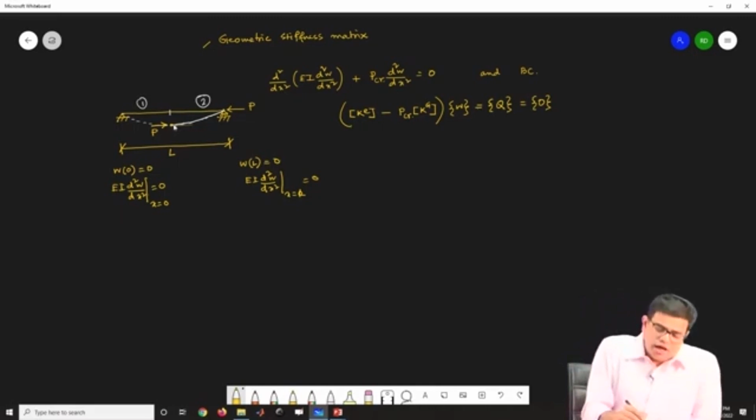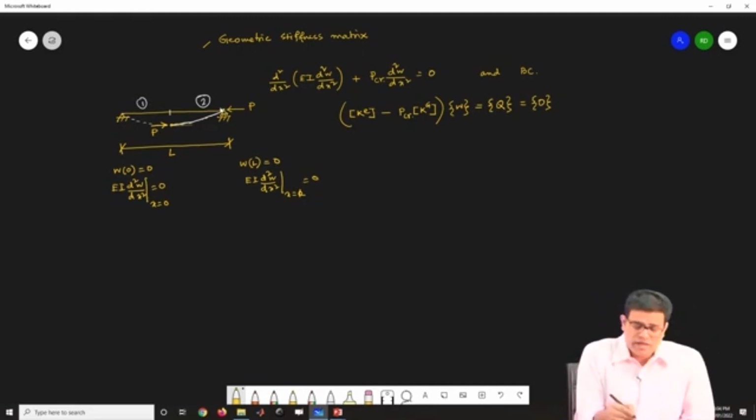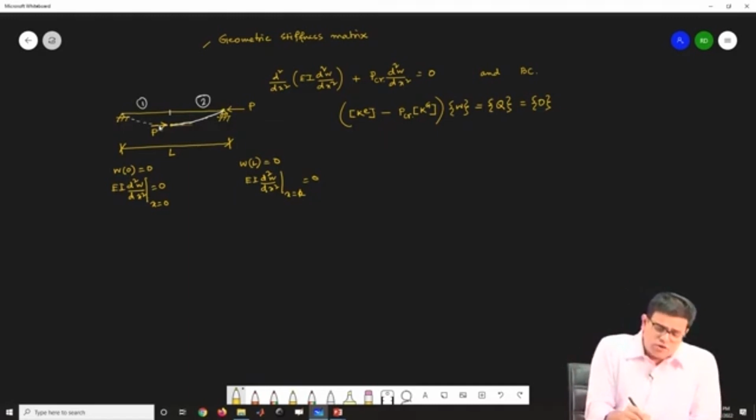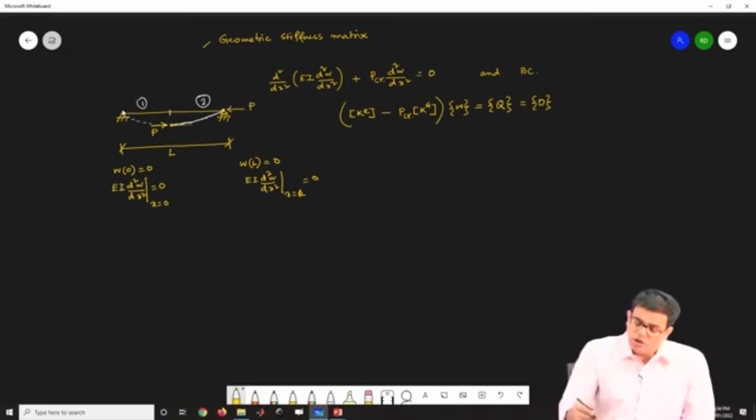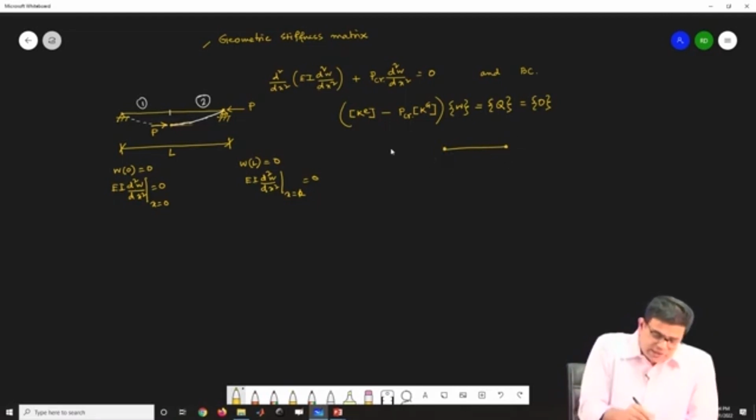So, if I try to analyze the beam, I can take this end also. If I take this node as the first node of this element, then I can take the appropriate boundary conditions and find out. So, let me take this simple element, and you can take this side also.